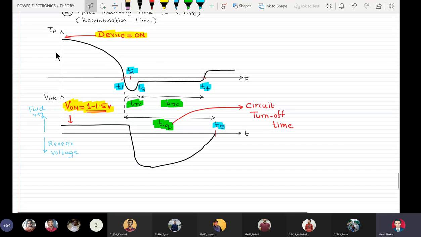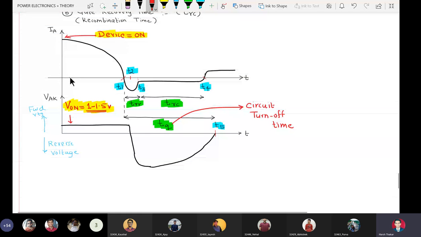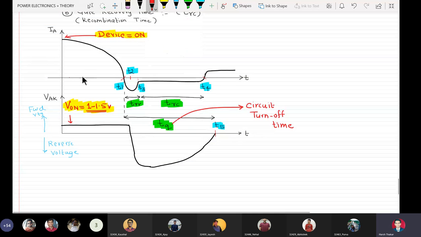Below the x-axis it's reverse current, above the x-axis forward current.